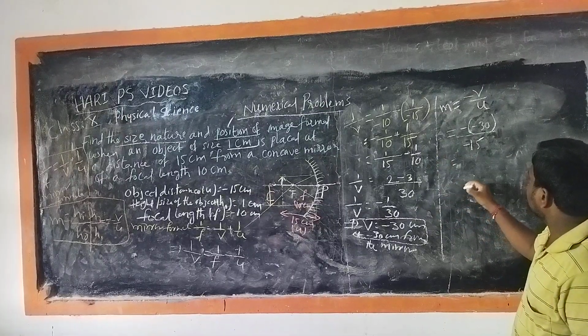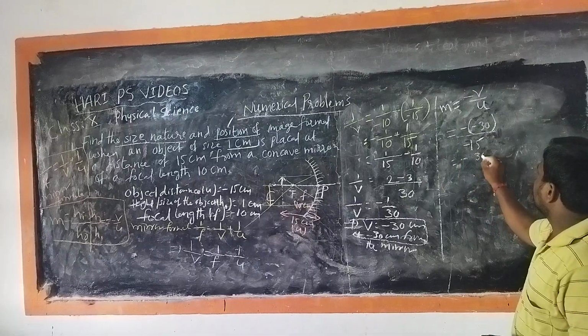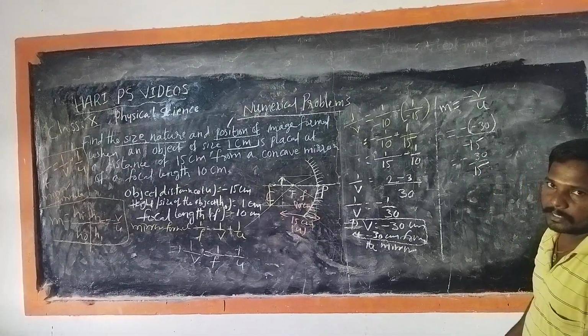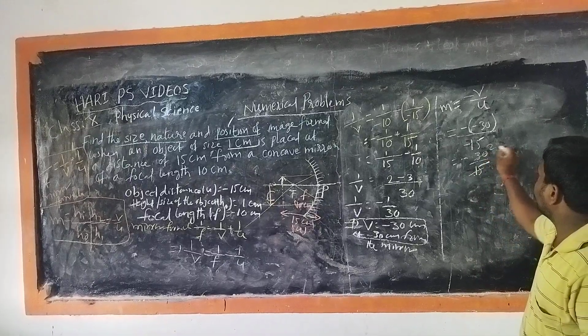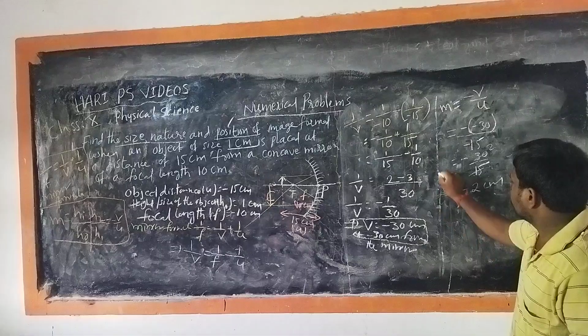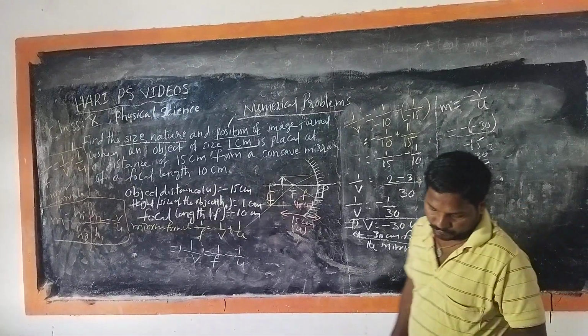That is equal to minus 30 by 15, which is minus 2. Sorry, magnification m is equal to minus 2.